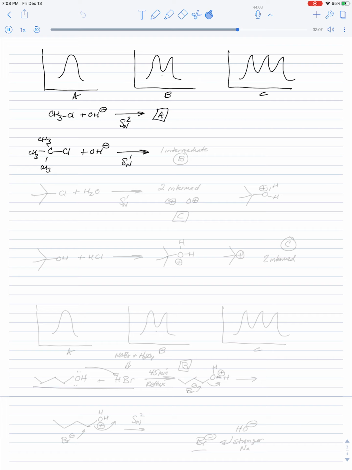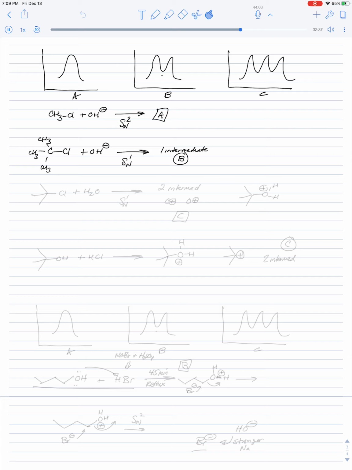How many intermediates? One, the carbocation. So this would be B, with the one intermediate.